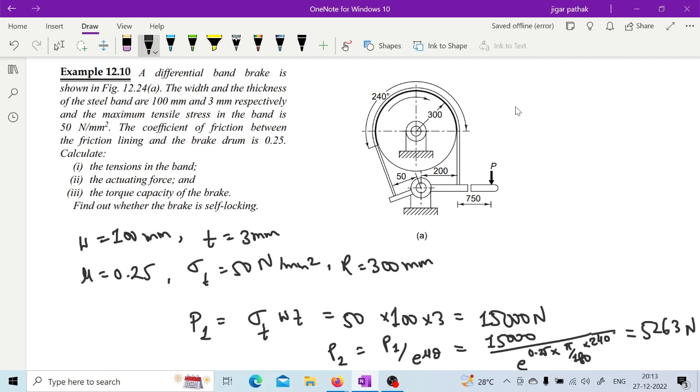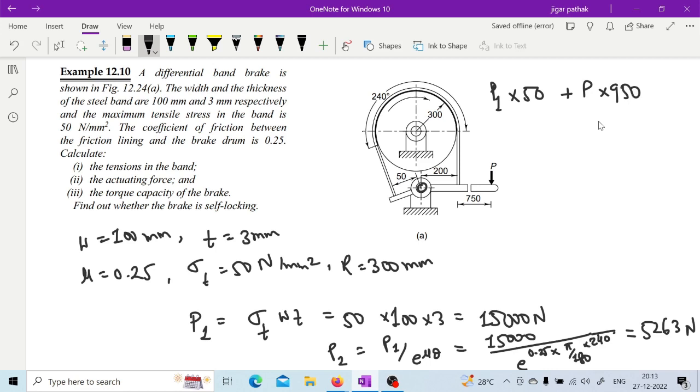So if you apply the equilibrium of moment about this particular fulcrum, then what is that? This P1 into 50 plus this P into 950, right?